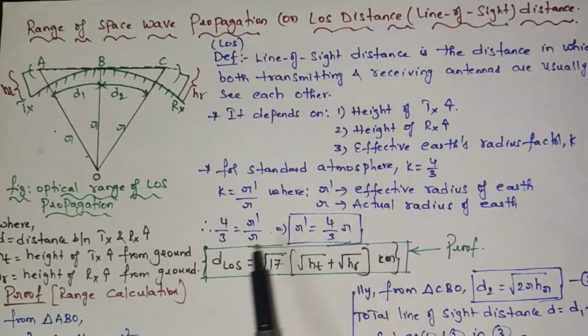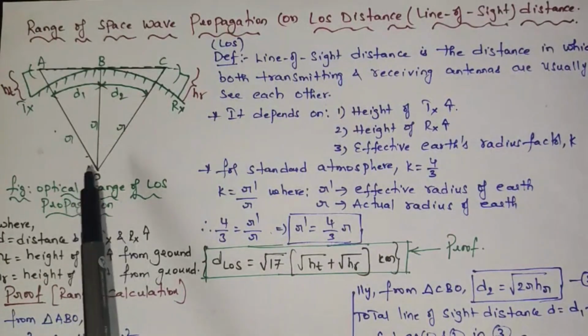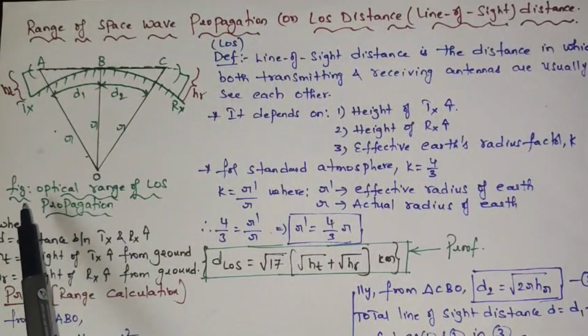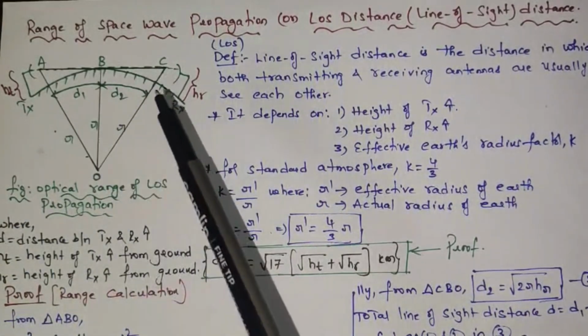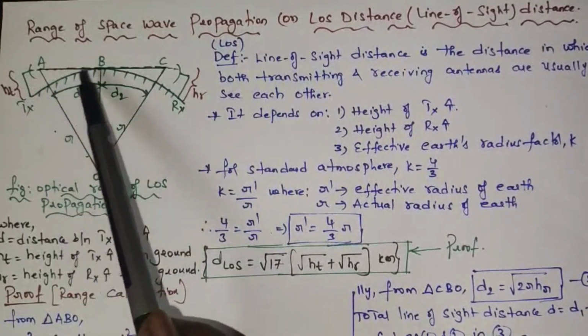Now we will prove how this equation came. For this, you need to go to the diagram here. This is the figure of optical range of LOS propagation. Here, this is the earth surface.